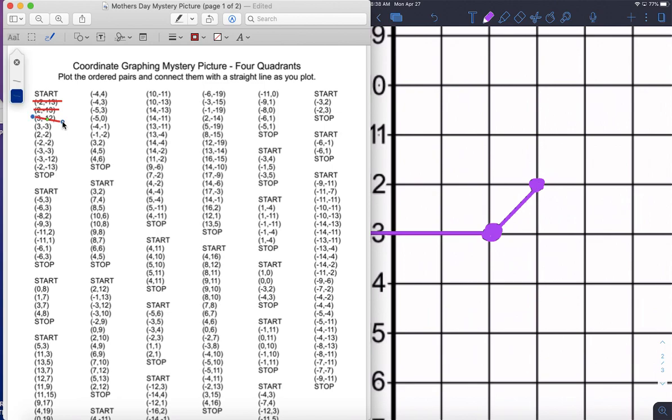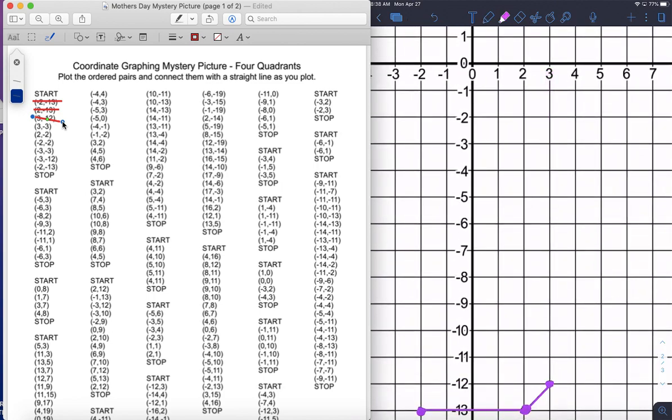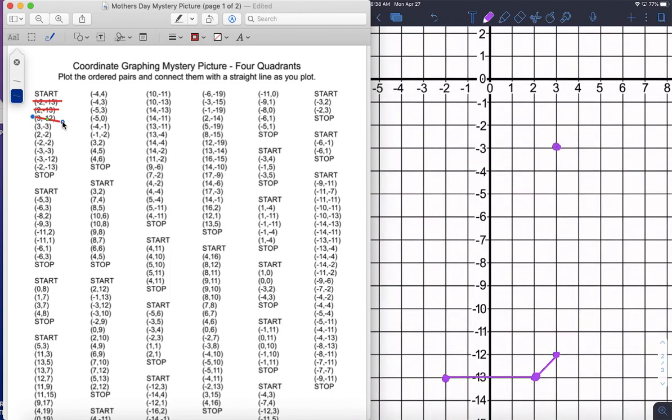Going to cross that off. Now, +3, -3. So +3, -3, and my point should go right there. Getting rid of those, and I'm going to connect the dots.